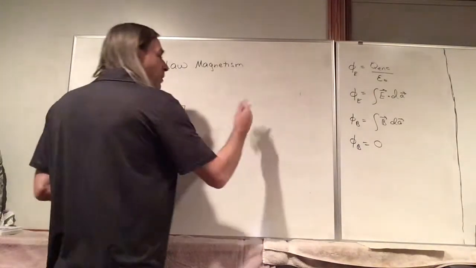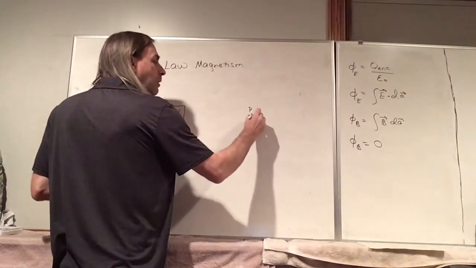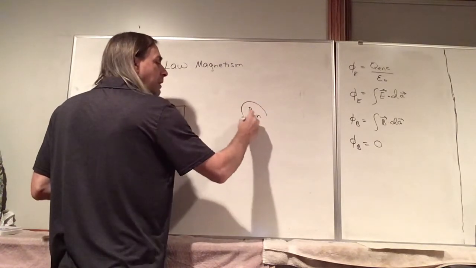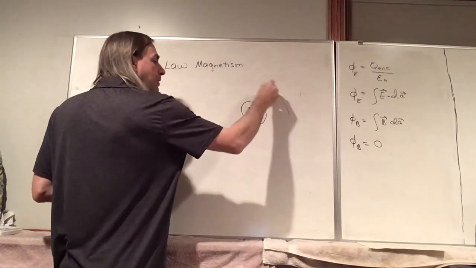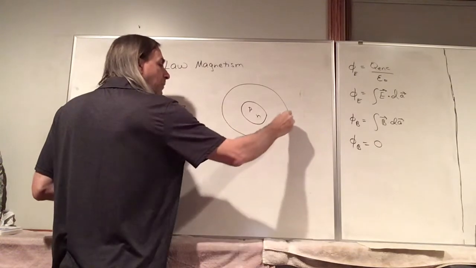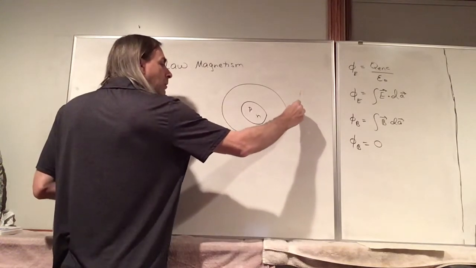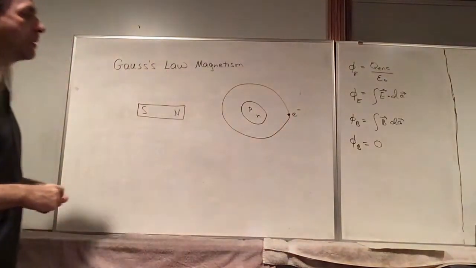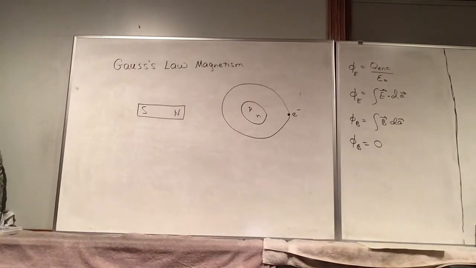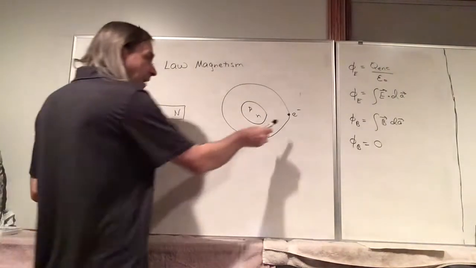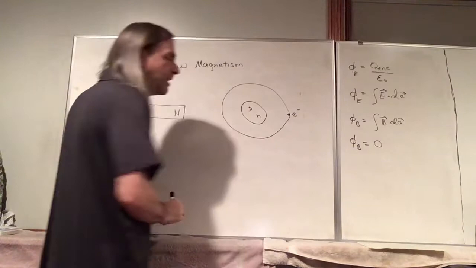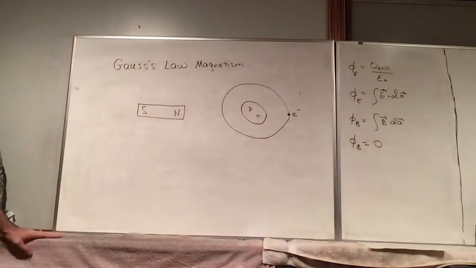We have a nucleus, which has protons and neutrons. And again, this is a somewhat primitive model for an atom, but we have the nucleus, and we have electrons. And the electrons, in this planetary model, orbit the atom.